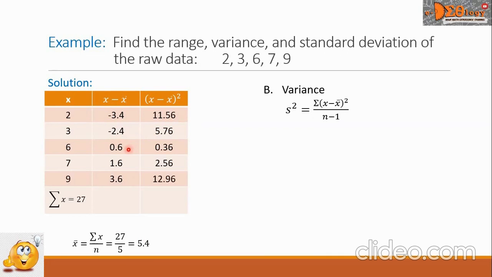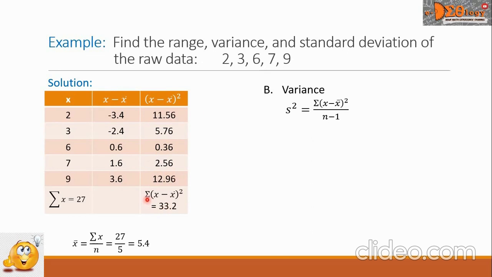Square of 0.6 is 0.36. 1.6 squared is 2.56. 3.6 squared is 12.96. Then we need to get the summation of this column.